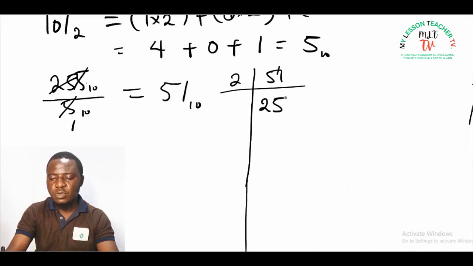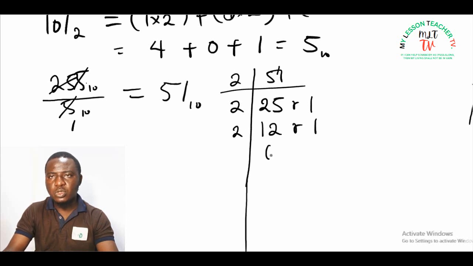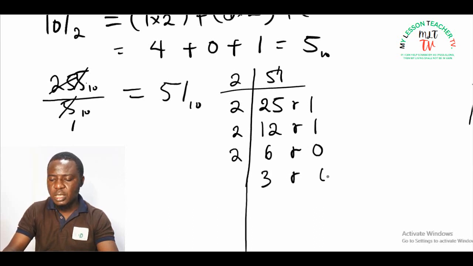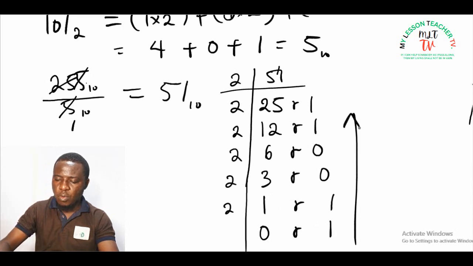This becomes 11. 2 into 11 is 5, remainder 1. 2 into 25 is 12, remainder 1. 2 into 12 is 6, remainder 0. 2 into 6 is 3, remainder 0. 2 into 3 is 1, remainder 1. And 2 into 1 is 0, remainder 1.